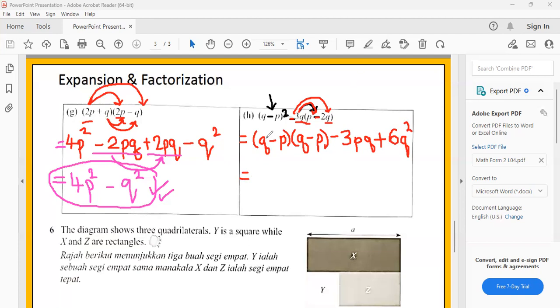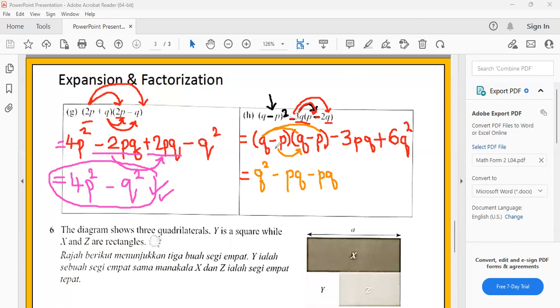And then, of course, you have to do this fella. You have got to expand this. So q times q, you'll get q squared. Gloria, can you tell me what do I write next? Q times p, okay, pq. And then again, negative p times q, another pq.